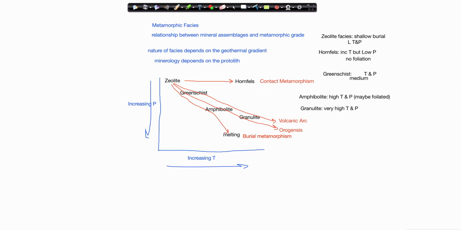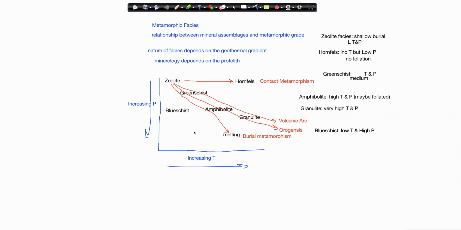Then we're going to talk about higher pressure, lower temperature. So down here we're going to have blue schist. Low temperature and high pressure. In this case, this usually occurs in an accretionary prism. So they're getting compacted versus undergoing heat.